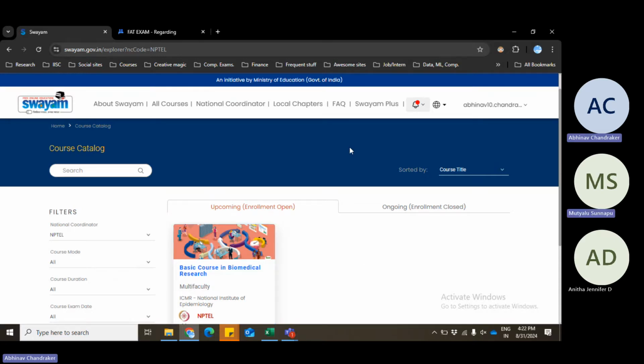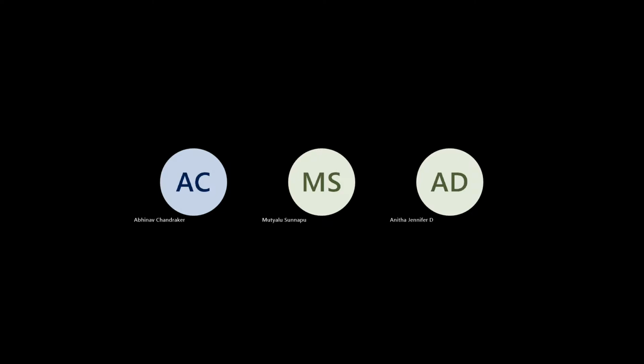This is Abhinav, please send your number if possible. I cannot share your number. You can chat with me on Teams only. If it is possible, give your WhatsApp number, so that if there is any doubt I will reach you.